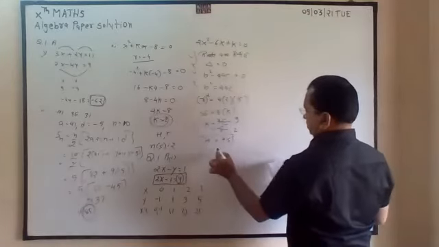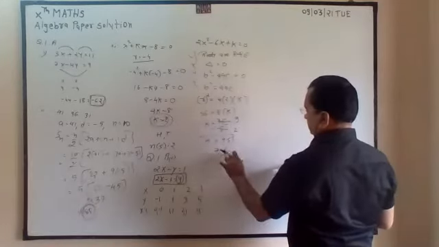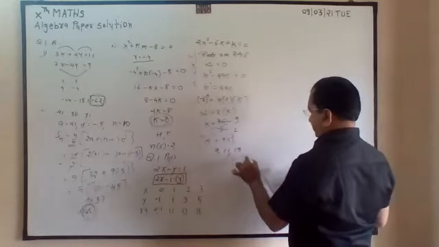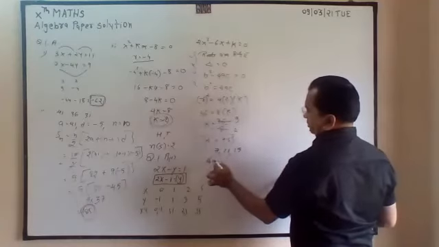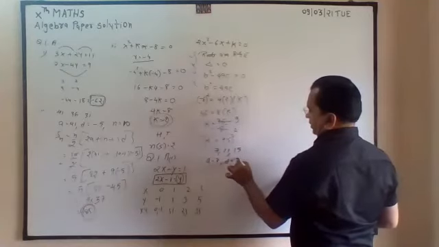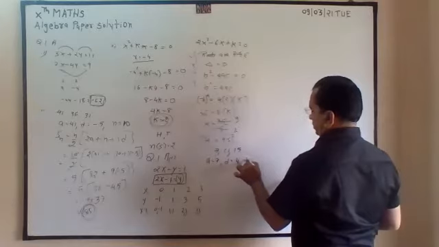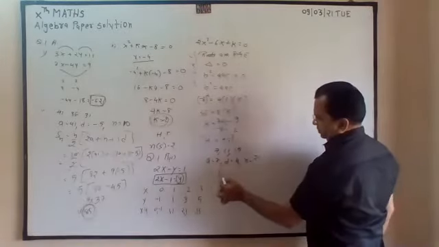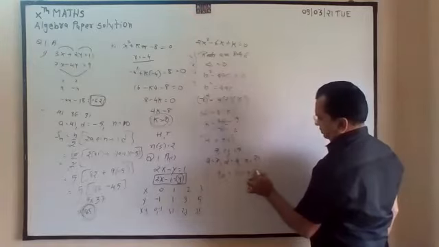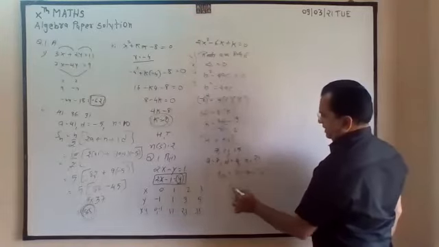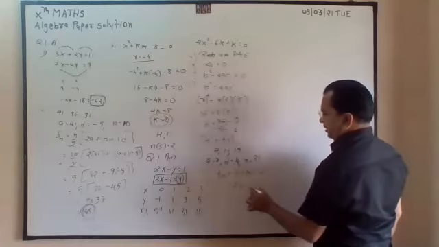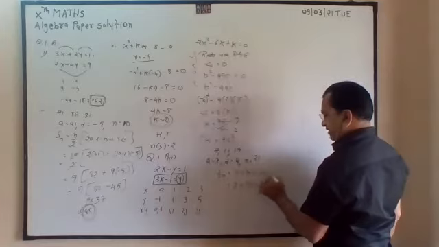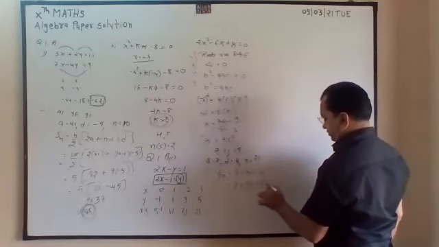Find the 21st term of 7, 11, 15. So a is equal to 7. Difference is equal to plus 4. Find the 21st term. tn is equal to a plus n minus 1 into d. t21 is equal to 7 plus 21 minus 1, then d is 4.